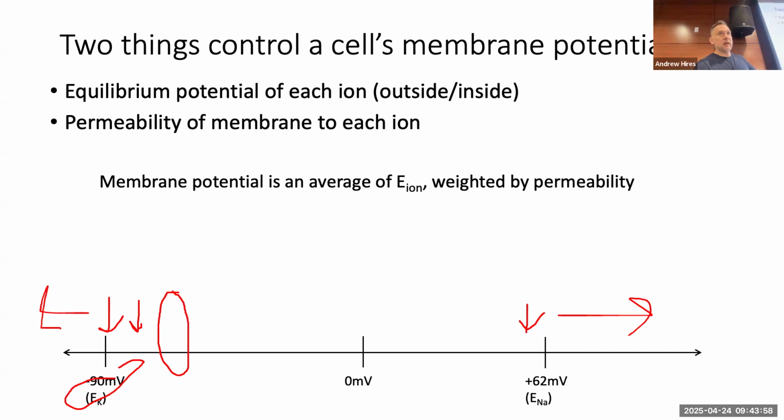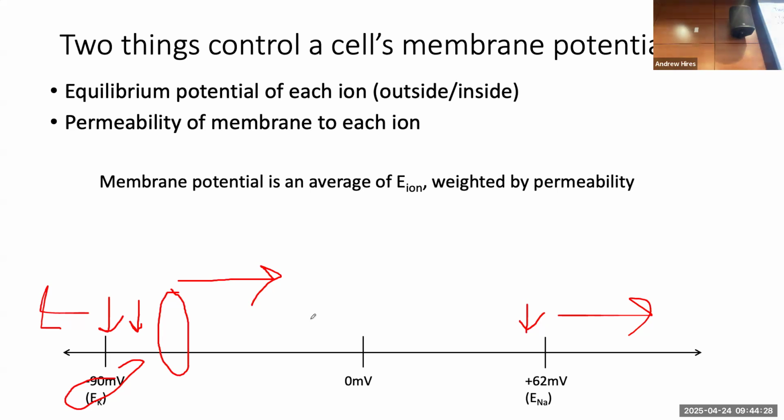If we were to close those potassium channels and have more sodium channels open, what would happen to the membrane potential? It would go this direction. As we get more and more relative permeability of the membrane to sodium ions relative to potassium ions, we're going to tend to depolarize the membrane. Right now it's very polarized, very negative over here.